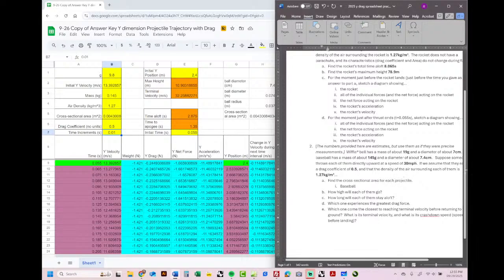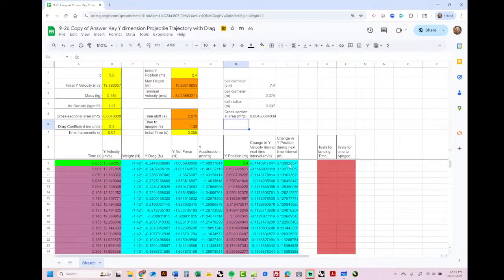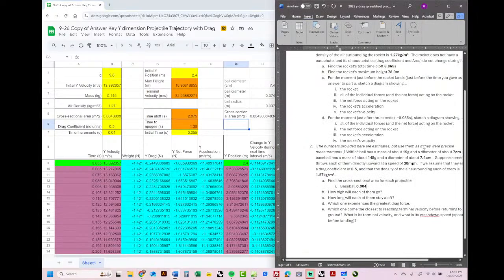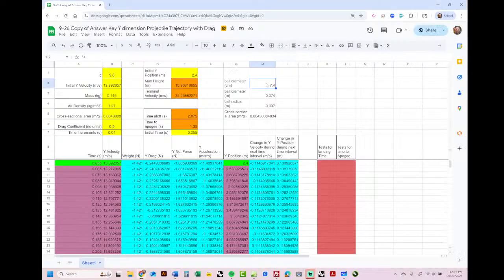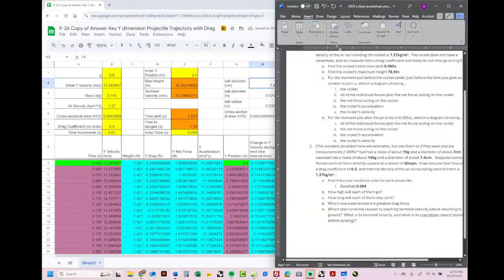Make that bold for you. Right, cross-sectional area for the baseball, it's 0.004. And for the wiffle ball, it's 7 centimeters. So put in 7. 0.0038. Doesn't matter if you're really super precise, I guess, in your answers.